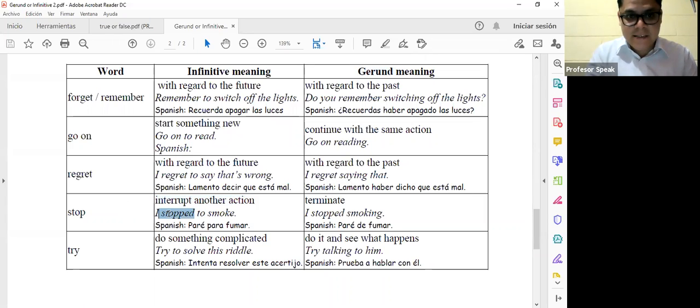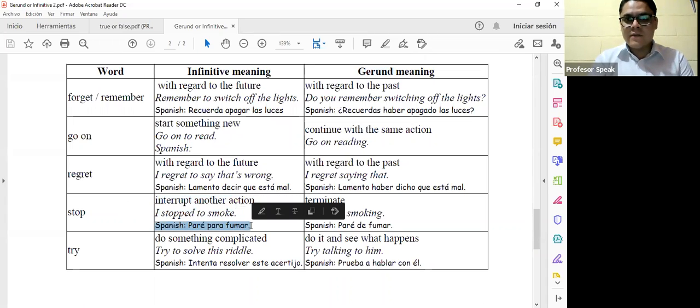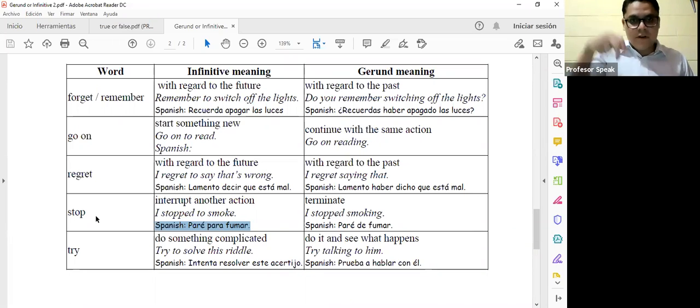For example, I stopped to smoke, right? And you have right here the translation. Probably I was walking, or running, and all of a sudden I stopped. Why? To smoke. But when you use stop followed by a gerund, you are talking about an action that finished, that is over.